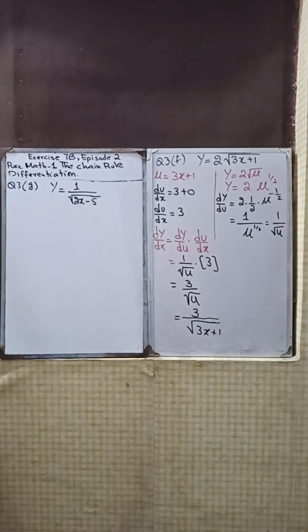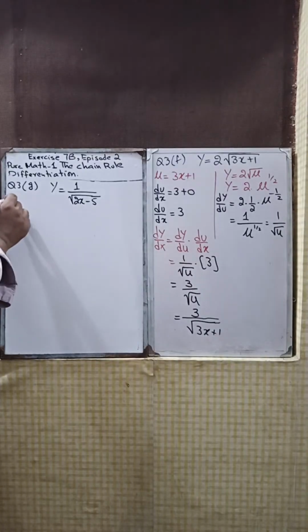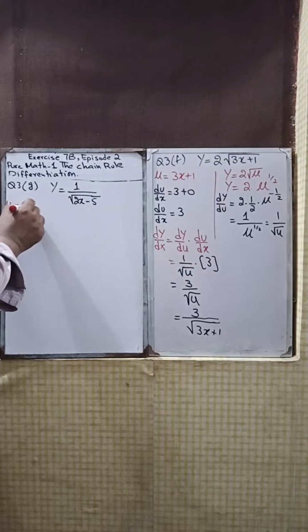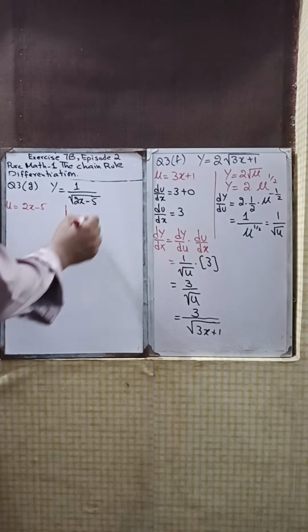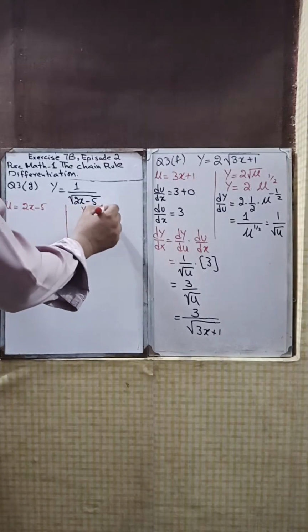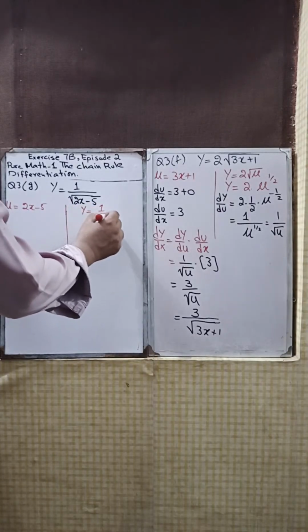So the method is the same. We have to use the chain rule to find the solution. I will suppose that u is equal to 2x minus 5, so y will become 1 divided by the square root of u.